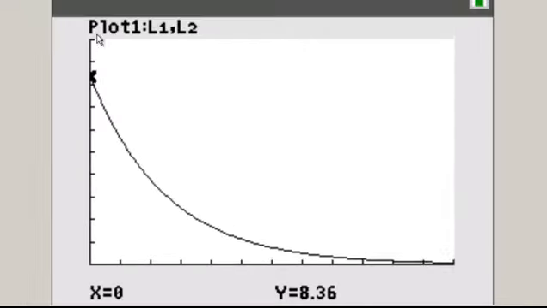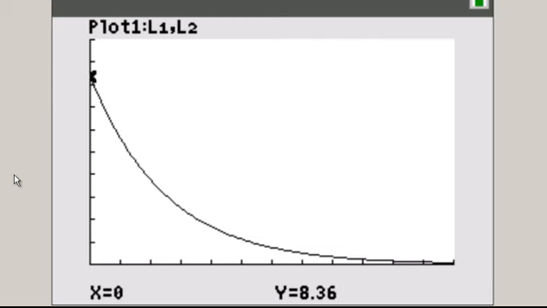So if you start with your plot 1, L1, L2, and you start at 0 and whatever your value is, we're going to use the trace function until you get to half of that value. That's called the half-life for your voltage. Half of 8.36 is 4.18. So you'll want to take your V value, your initial voltage, and divide it by 2. And that'll give you what you're looking for.